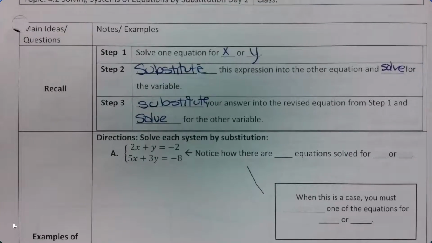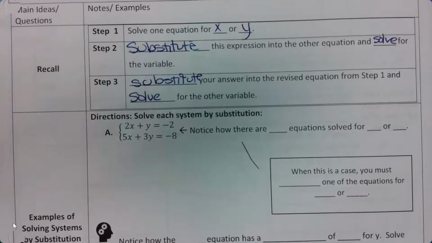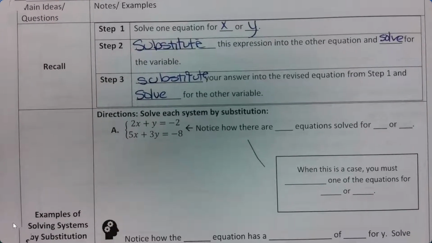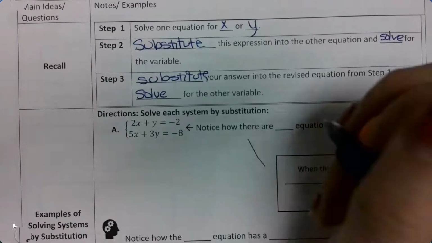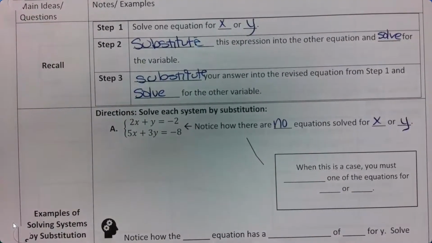Okay, so if I take a look at my first one, what's different from yesterday? How are these different? They're both in standard form, so nothing is solved for x and y. So I need to pick one of the equations to get alone. Which one looks easier to get alone?